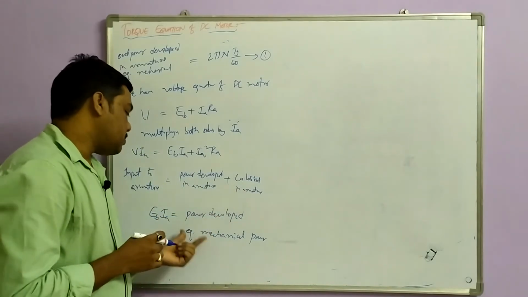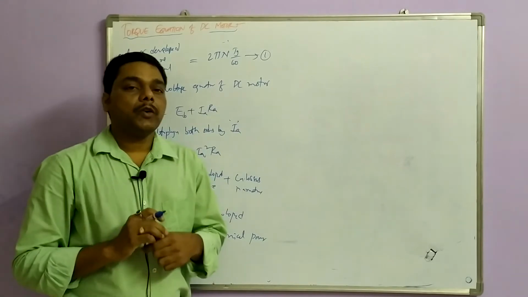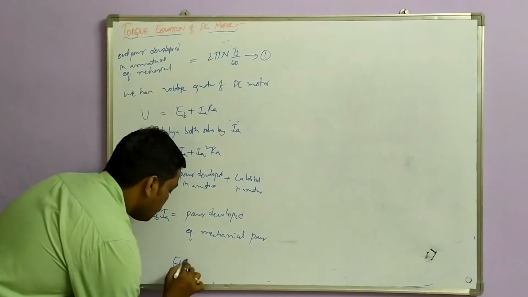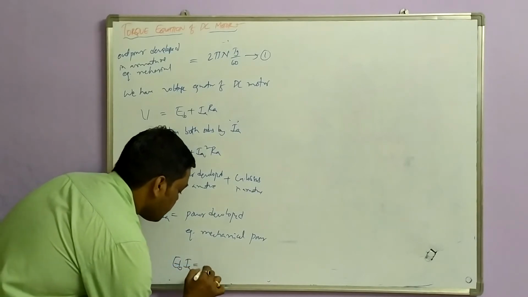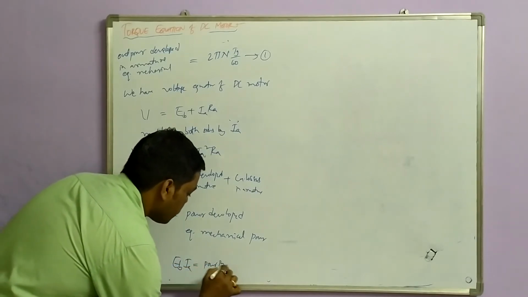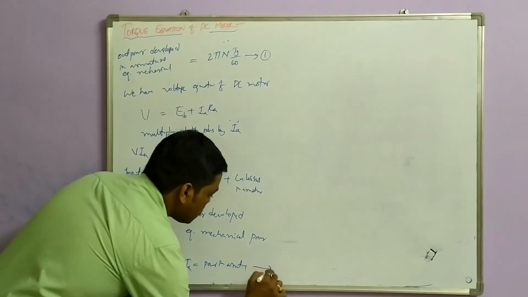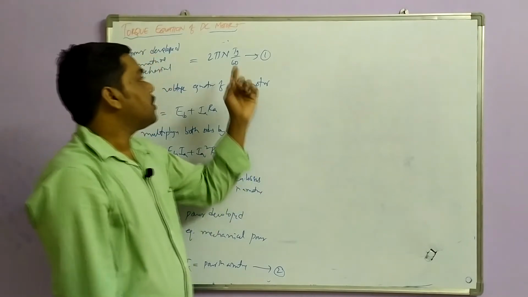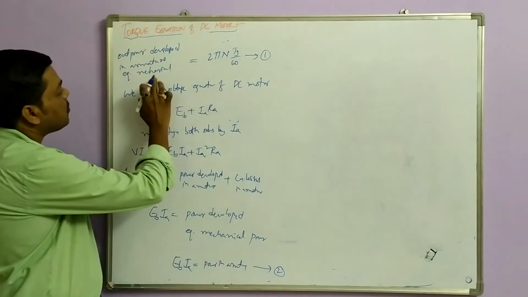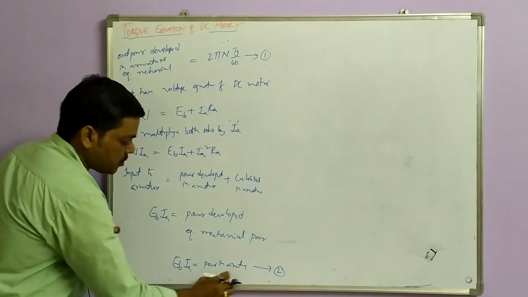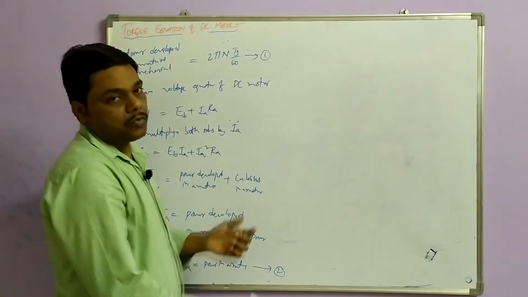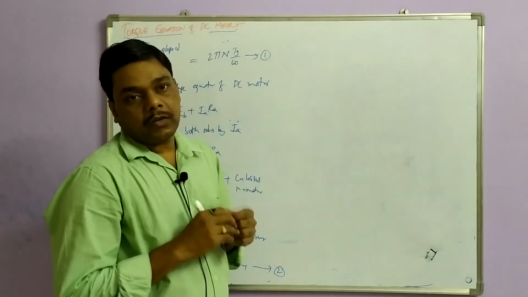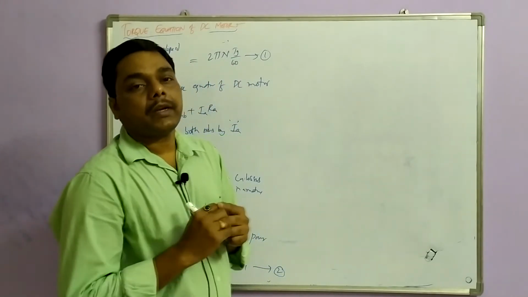So I am considering Eb into Ia as the power in armature. This is equation number 2. Equation 1 is the output power developed in armature, and this is also power developed in armature. If we equate equations 1 and 2, we will get the torque in terms of electrical parameters.